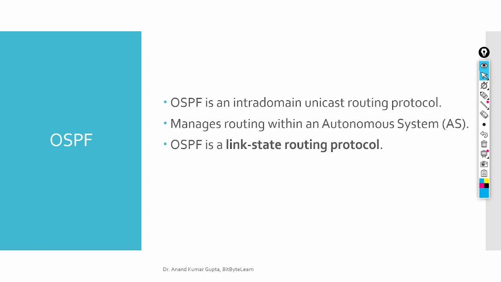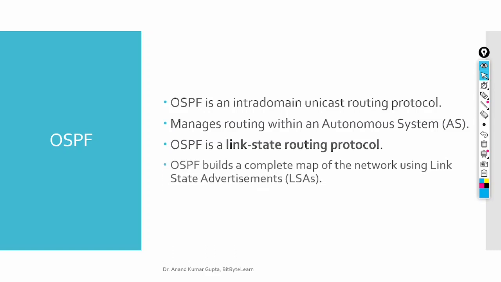Open Shortest Path First is a link state routing protocol, and OSPF builds a complete map of the network using link state advertisements. We will see how link state advertisements work in detail.